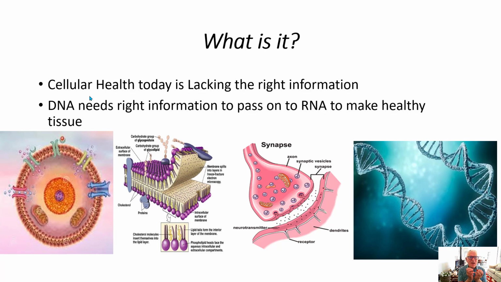So that cell membrane has to be pretty healthy to receive the right information, because what you have on your cell membrane, if you can see there, is like gates or receptor sites. And these receptors open and shut to let molecules or ions or nutrients in and waste come out.